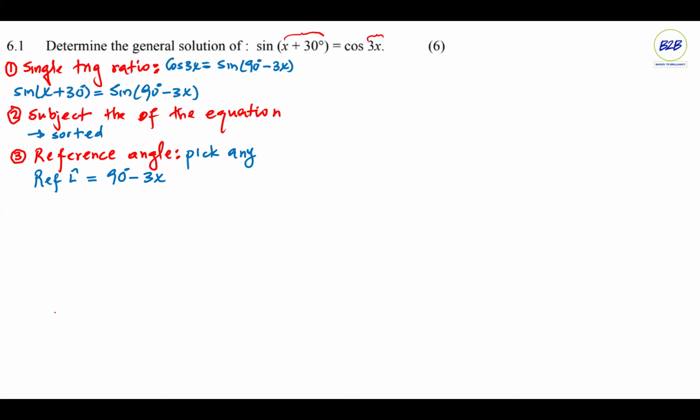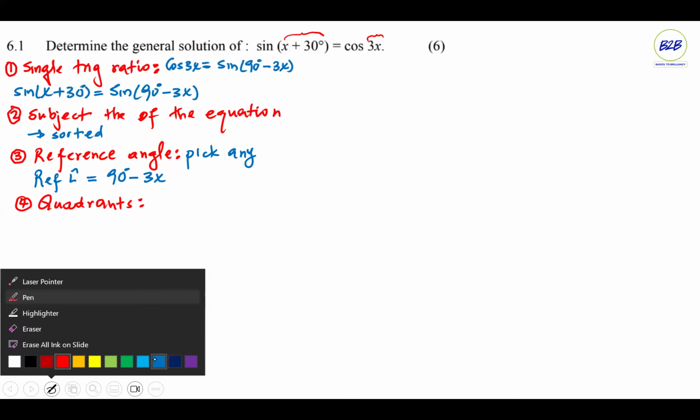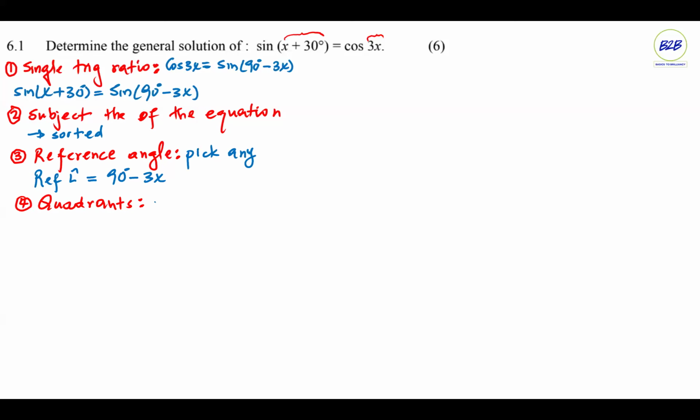And then we go to our fourth step, whereby we now choose quadrants. For this kind of equations, we always choose where the trigonometric ratio is positive.